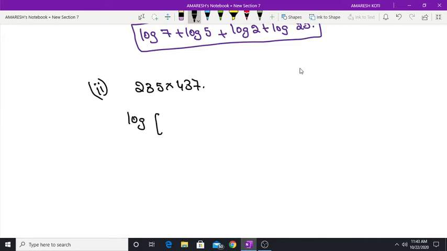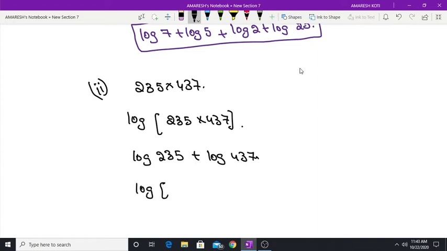So log of 235 into 437 can be written as log 235 plus log 437. 235 can be written as 5 into 47, and 437 is a prime number, so just write log 437.